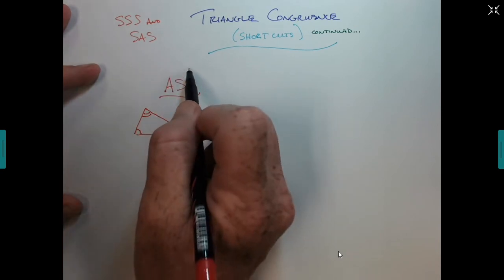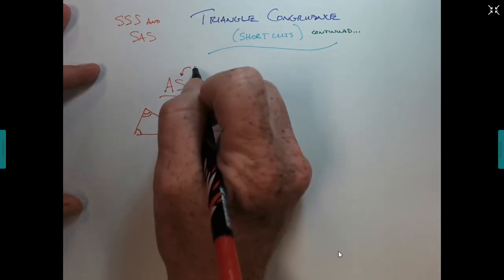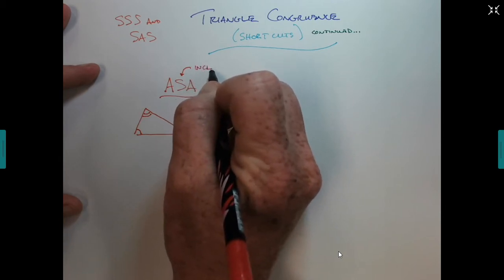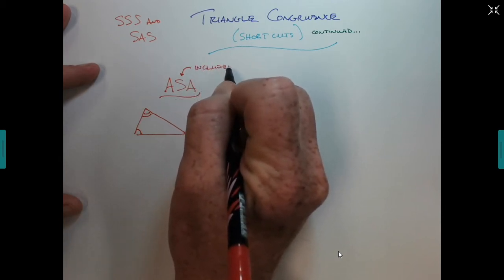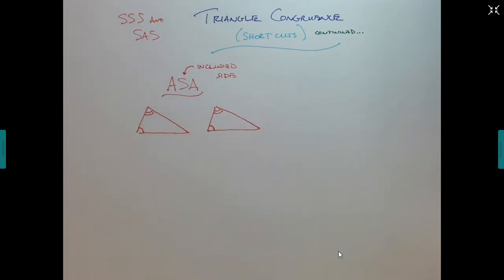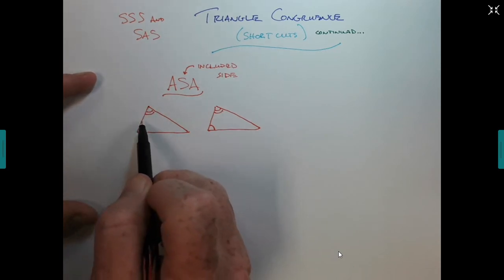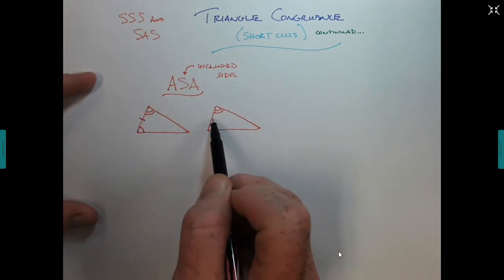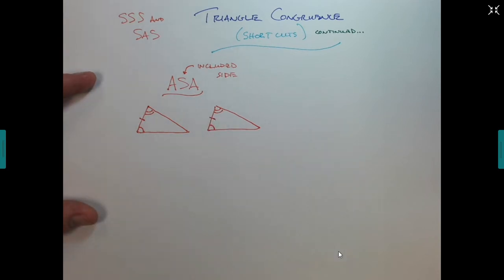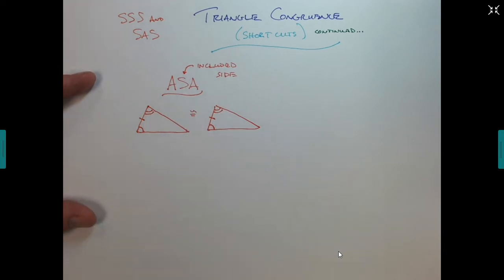Now notice the S is right in the middle. In order to use angle, side, angle, we need what's called the included side, or the side in between. So the side in between these 2 angles would be here. If we have this much information, then we're guaranteed to have congruent triangles.